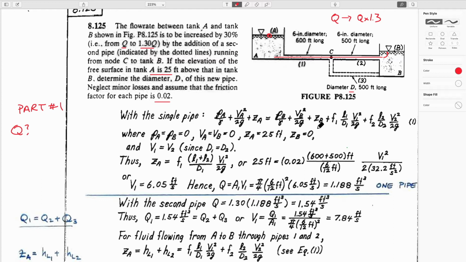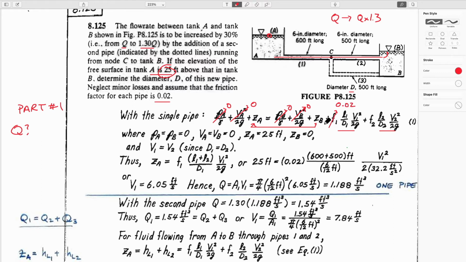There isn't a pump in the system, and we have two components: frictional losses in this circuit, frictional losses in this circuit, and those are these two components here. What do we know? Atmospheric pressure, big tank, elevation difference is going to be 25 feet between these two, which we know is this. And we have a friction factor, which I guess we know is 0.02.